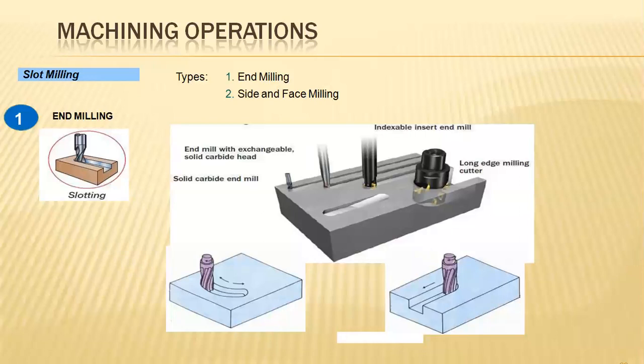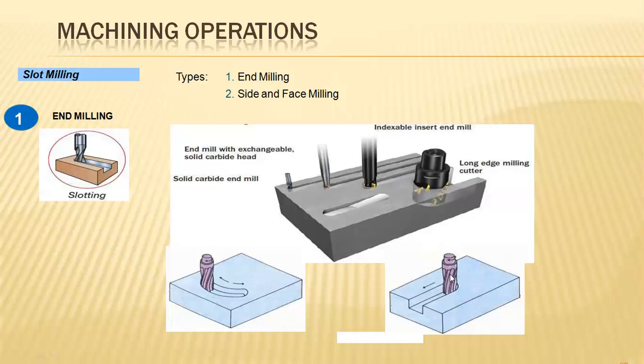Machining operations: we have different types in the case of slot milling processes, which is subclassified into two types. First is the end milling process, and second is side and face milling operations. See, this end milling process, with the extensible range, the solid carbide will be getting ahead and removing the material with a long edge milling cutter towards the other slot area.